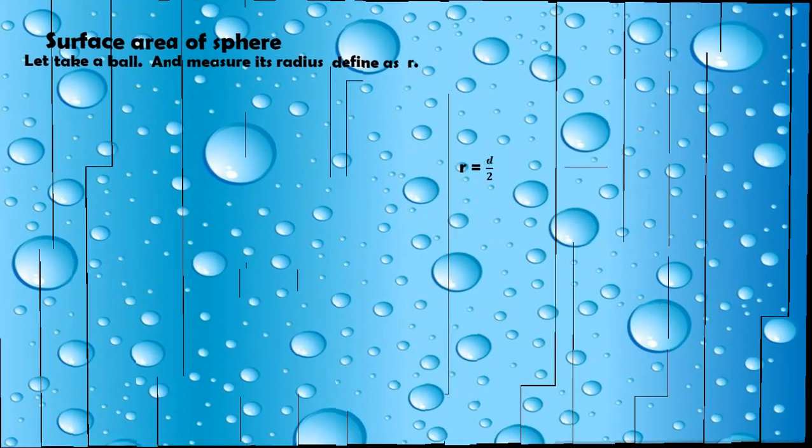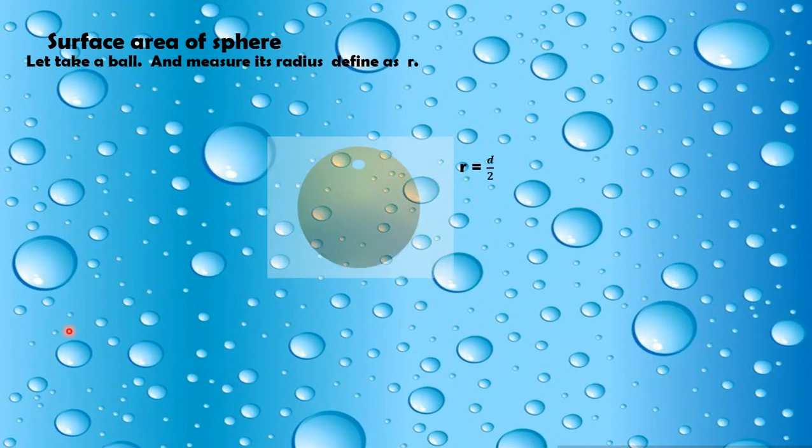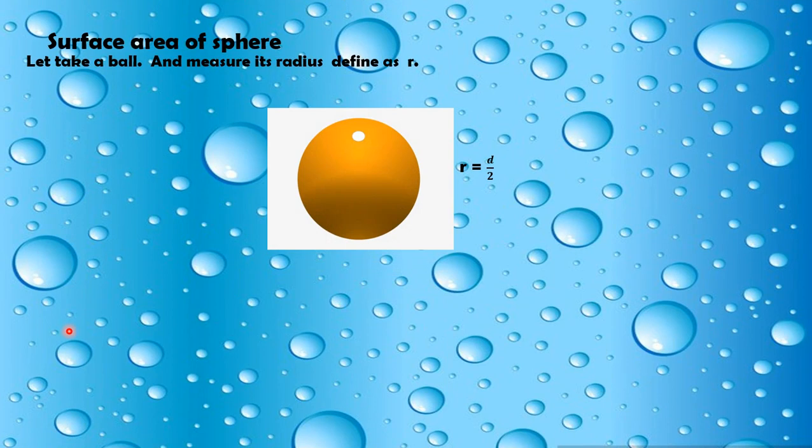So here, for the surface area of sphere, we will take a ball and measure its radius and define it as r. Take a ball and place two cardboards parallel to one another, with the ball between them touching both cardboards.